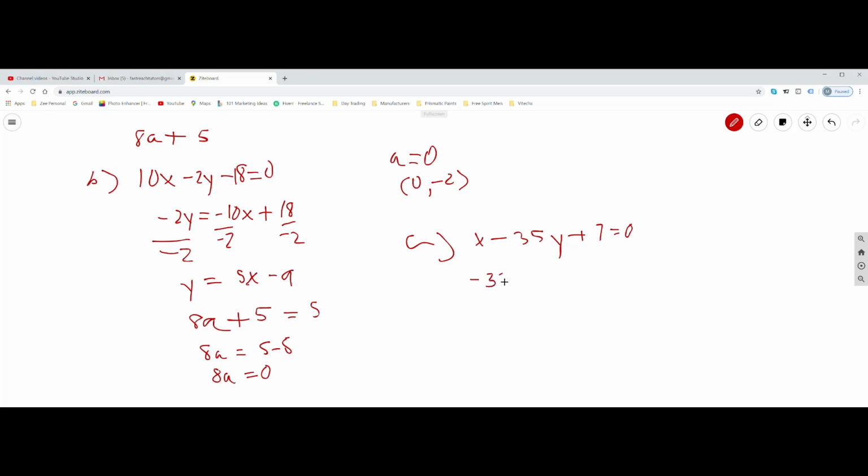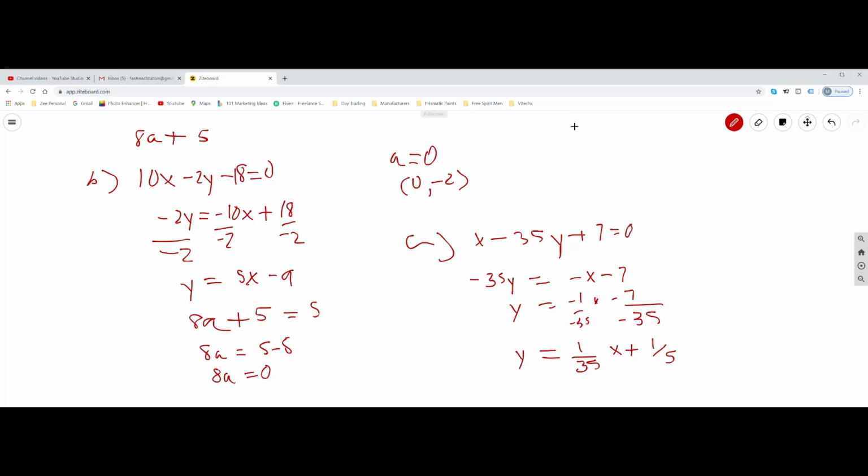Negative 35y equals negative x minus 7, y equals negative 1 over negative 35x minus 7 over 35, equals 1 over 35x plus 1 over 5 because it's reduced.